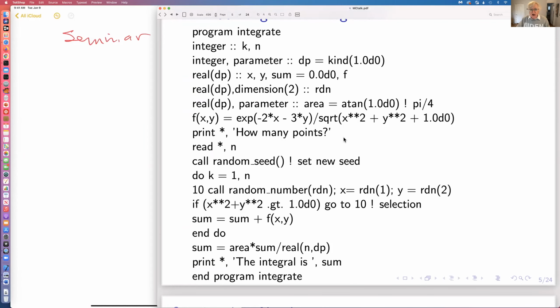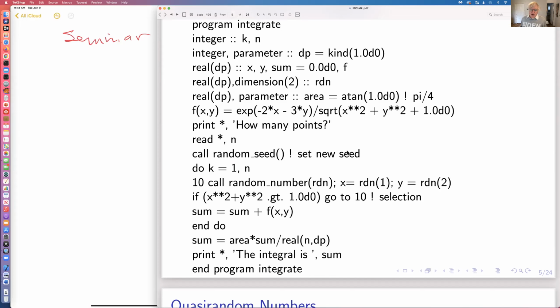In this particular example, maybe I will say something about the Fortran. What you do here is you say call random seed. That selects a new seed. So you have a new sequence of random numbers. And then you say call random number, RDN, and now you have a random number. In fact, up here, I defined RDN as being 2 random numbers.